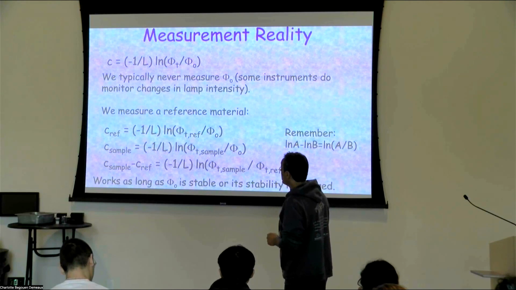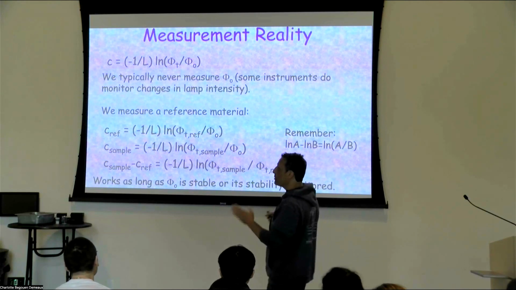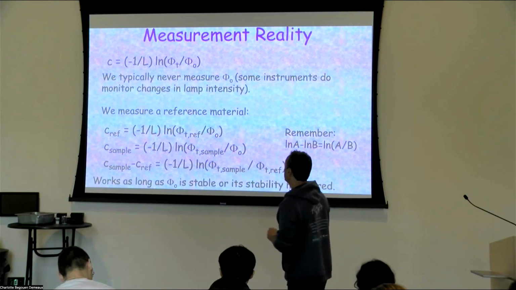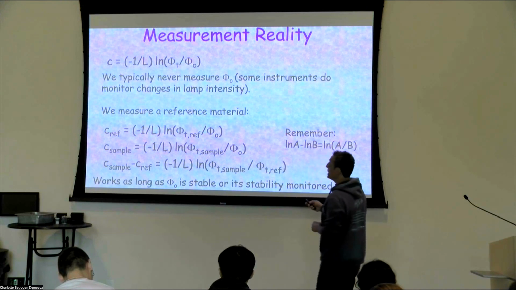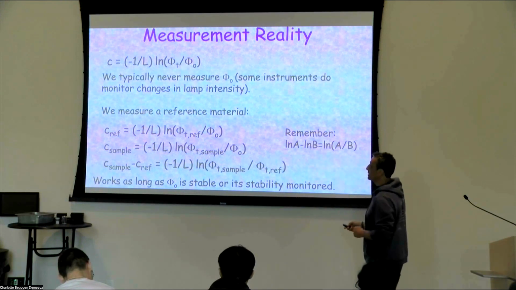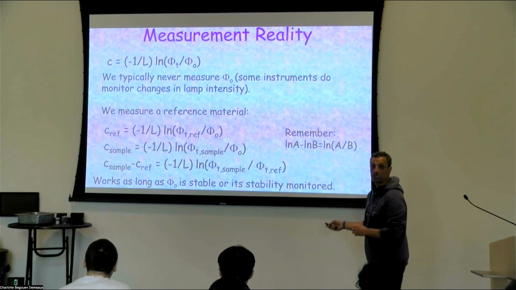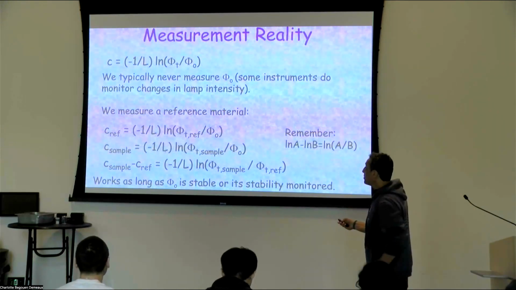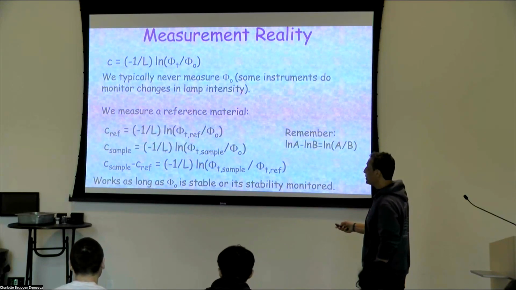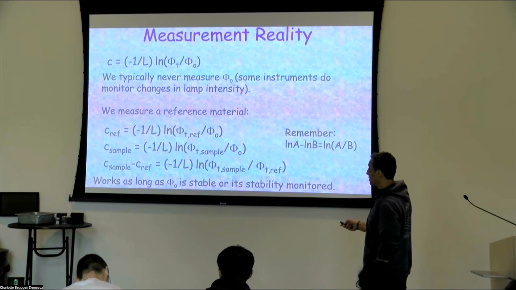Some instruments do monitor changes in light intensity, but they don't measure what comes into my sample; we do measure what comes out. So often we do it relative to a reference material, just like we did yesterday. Let's assume I do a measurement with water, and then a measurement with my sample. One minus the other will be my sample relative to the reference.